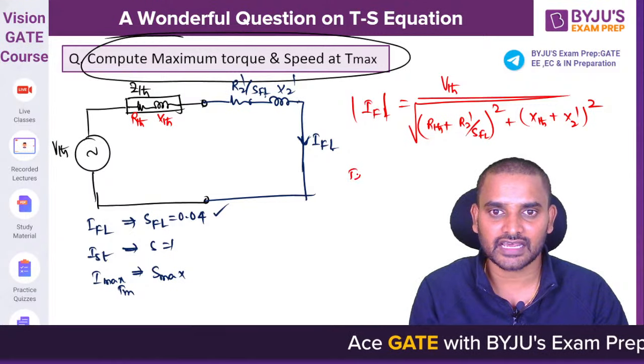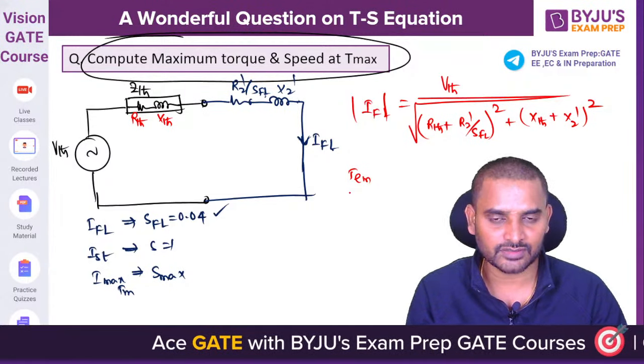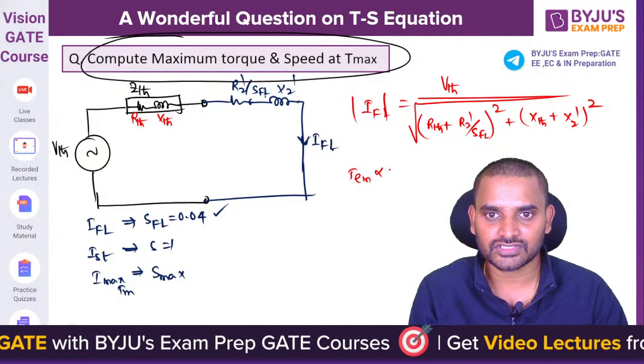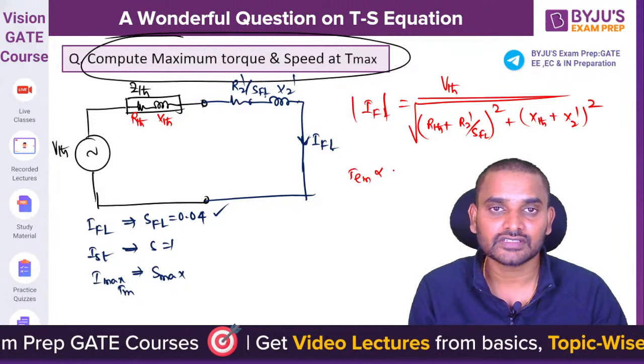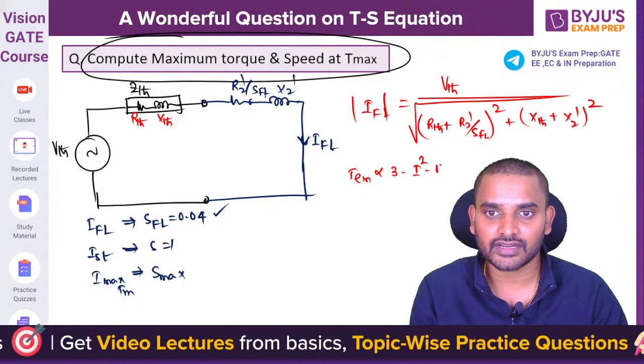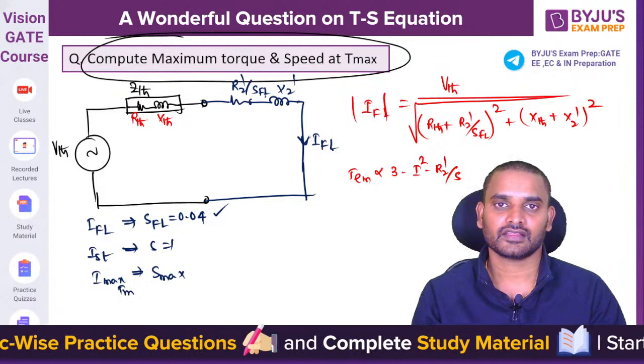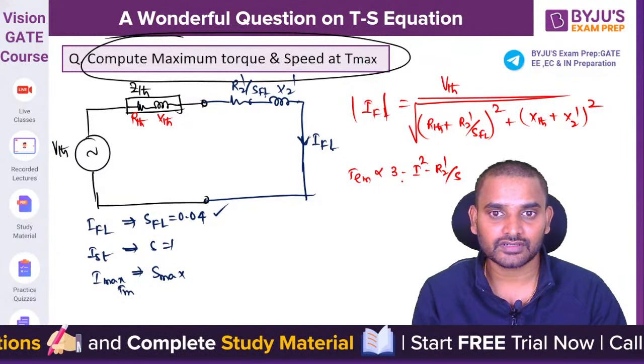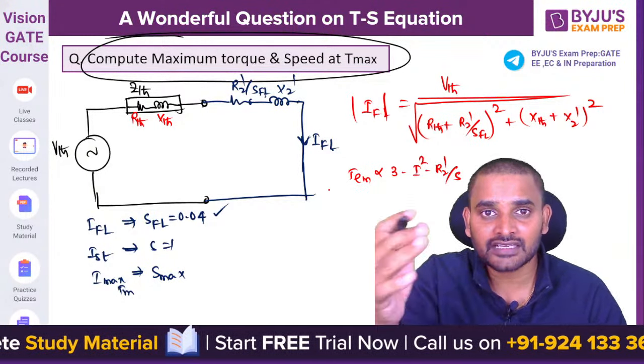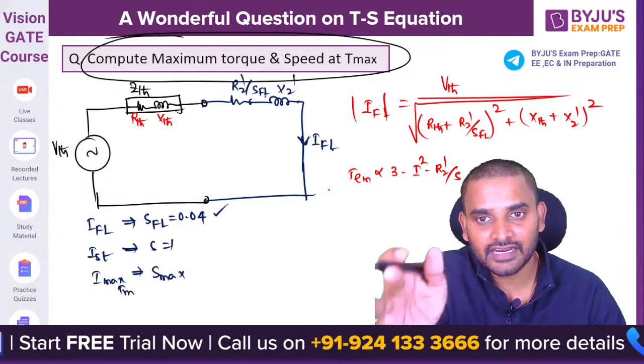So the electromagnetic torque is generally proportional to the input power: 3 times I square into R2 dash by S. This is the power input. If you want torque, torque is equal to power by omega. You divide with speed.